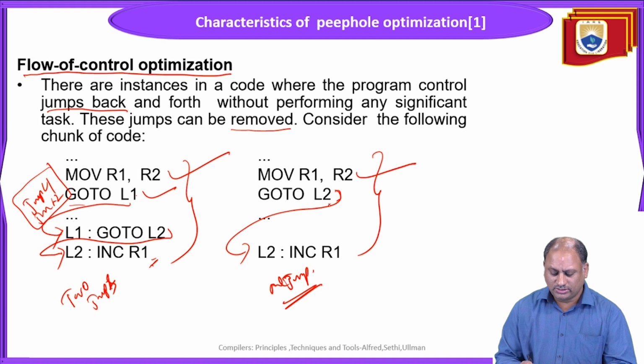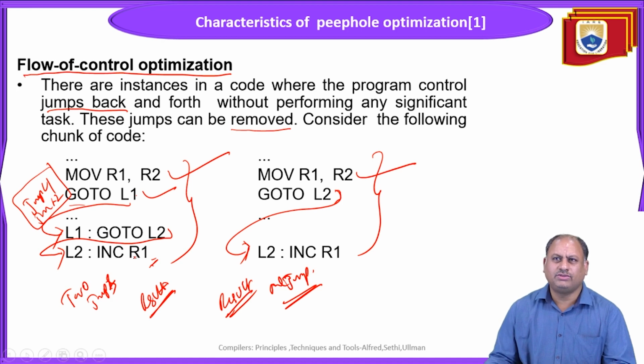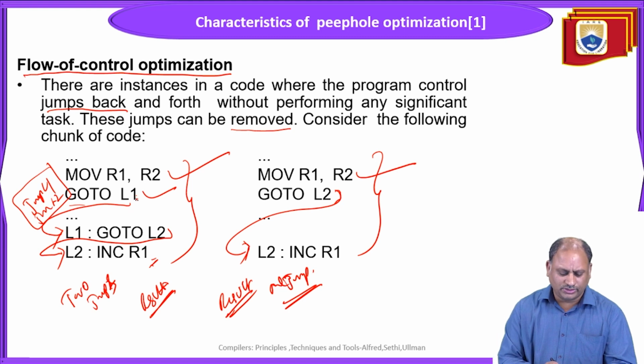So this jump is required, but the result carried out with the two jumps is the same as the result carried out with this instruction. Here go to L1 indicates that it jumps to section L1, and again go to L2, it jumps to section L2.